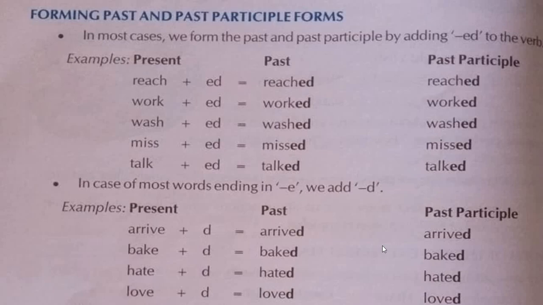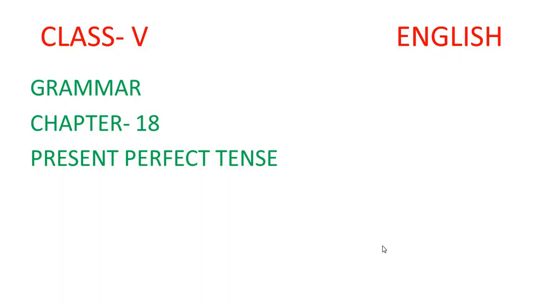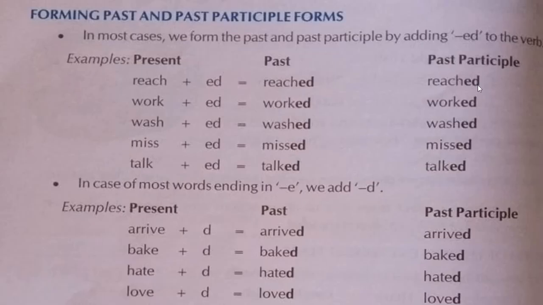We use have or has plus the past participle form of the verb. We have done this in the class, but still this is given in your book: present, past and past participle form.